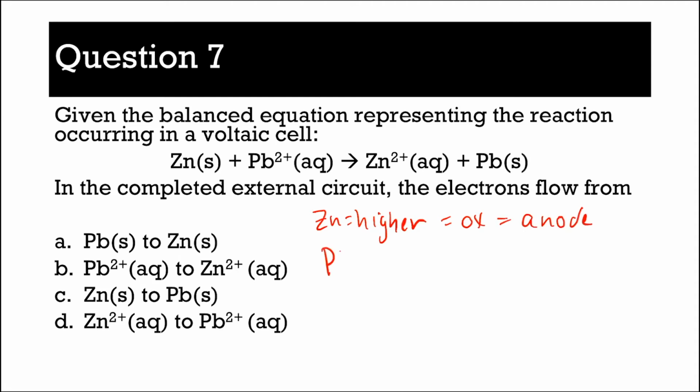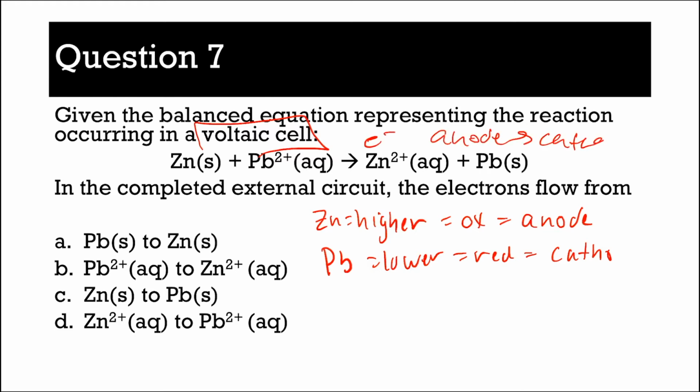And then Pb is lower, that is going to be reduced, and that is the cathode. So we know electrons flow, because we're talking about a voltaic cell, electrons flow anode to cathode. So we know it needs to flow zinc to Pb. So we can get rid of A and B.